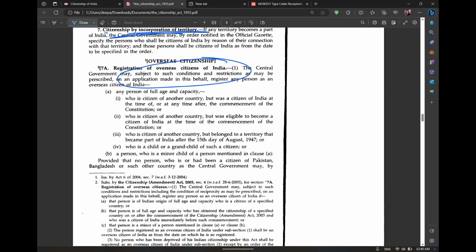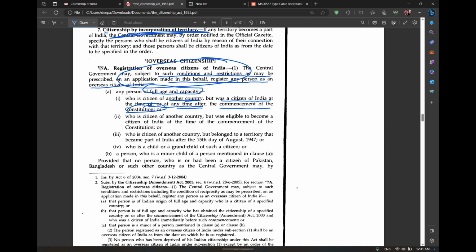So the central government may, subject to such conditions and restrictions as may be prescribed, on an application made in behalf of it, register any person as an overseas citizen of India. Any person of full age and capacity who is a citizen of another country but was a citizen of India at the time of or at any time after the commencement of the constitution.